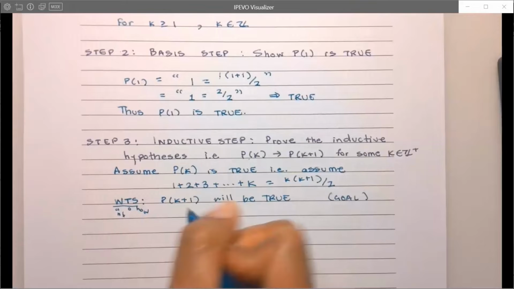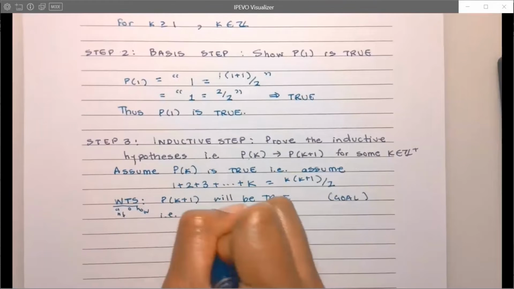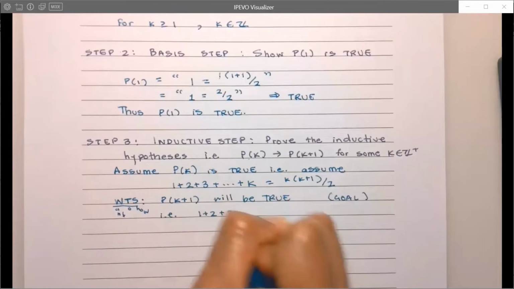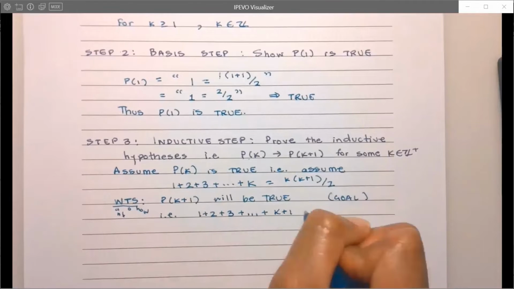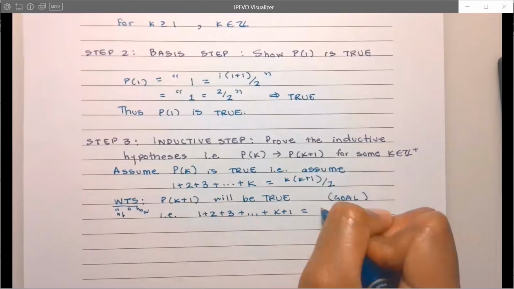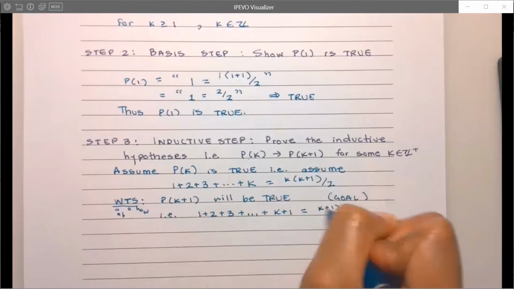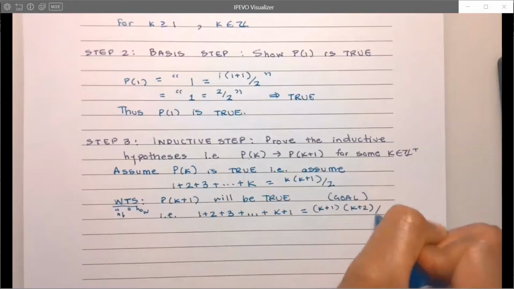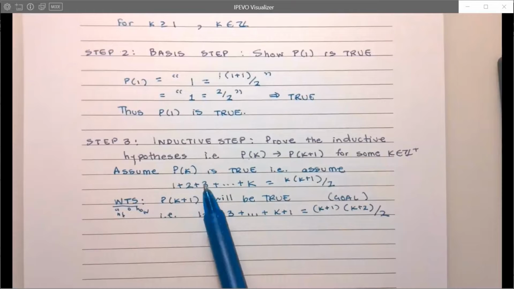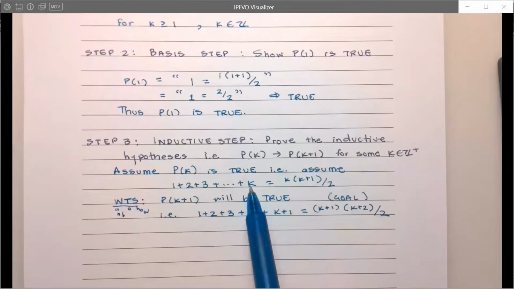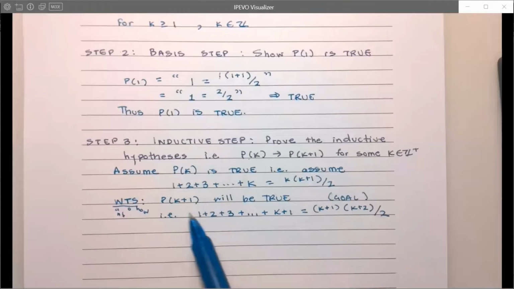It means, i.e., we want to show that 1 plus 2 plus 3 plus all the way down to k plus 1 will be equal to k plus 1 times k plus 2 over 2. Okay, I'm simply replacing in my propositional function, instead of having k, I have k plus 1 now as an input.